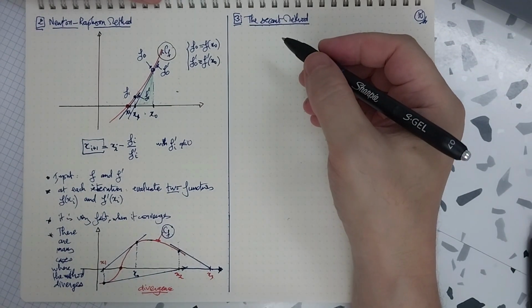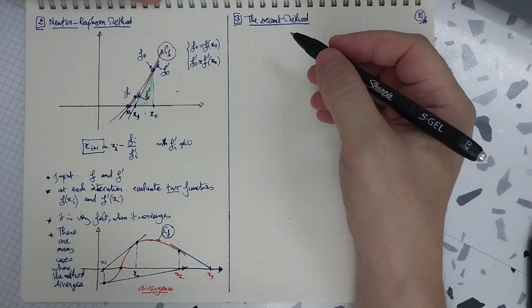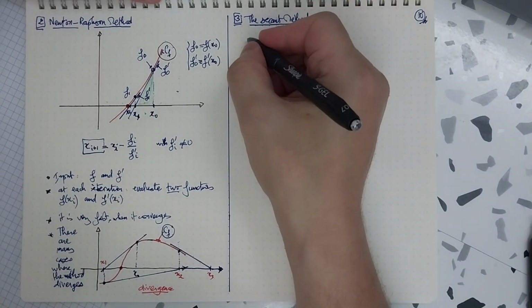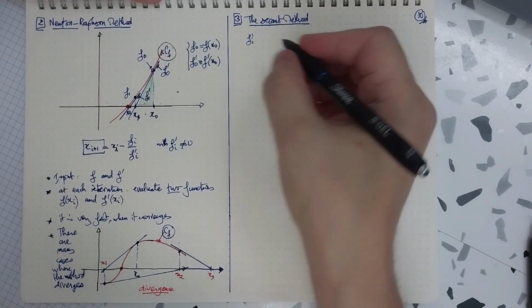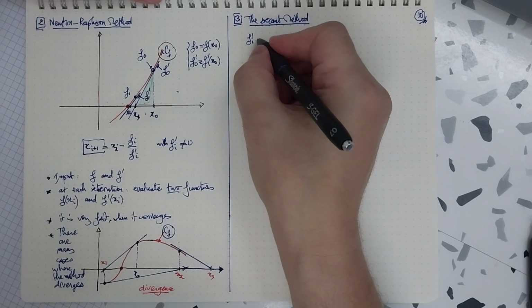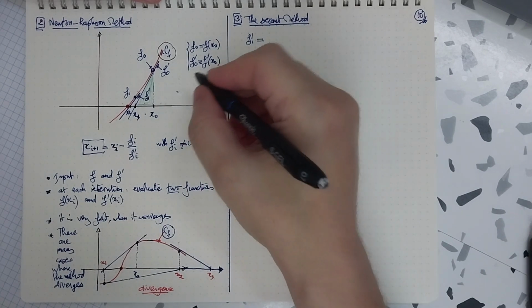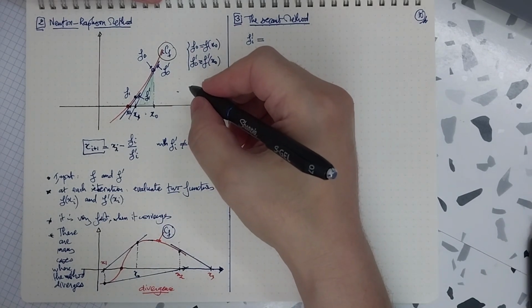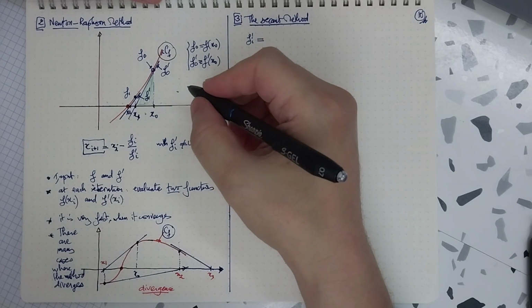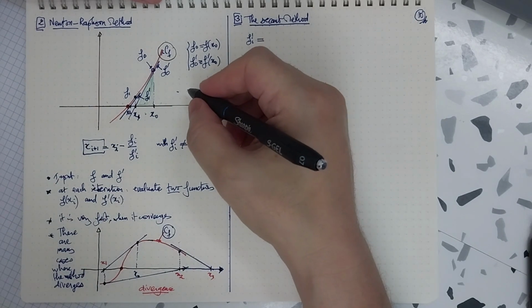The secant method is based on the Newton-Raphson method. It replaces the derivative f prime by an approximation. So we try to avoid one of the main disadvantages of the Newton-Raphson method.